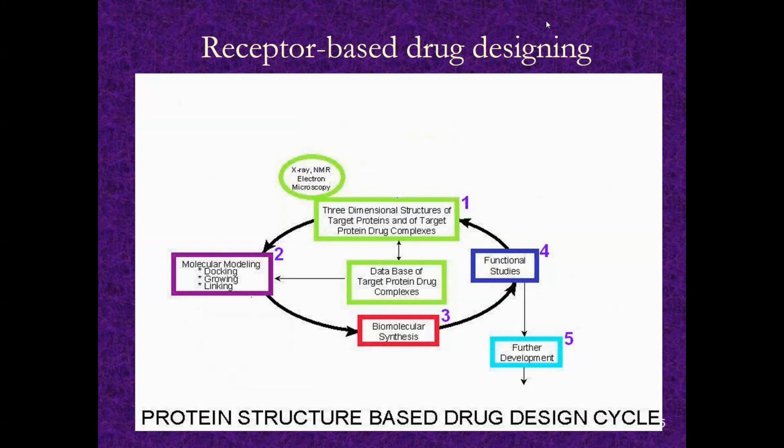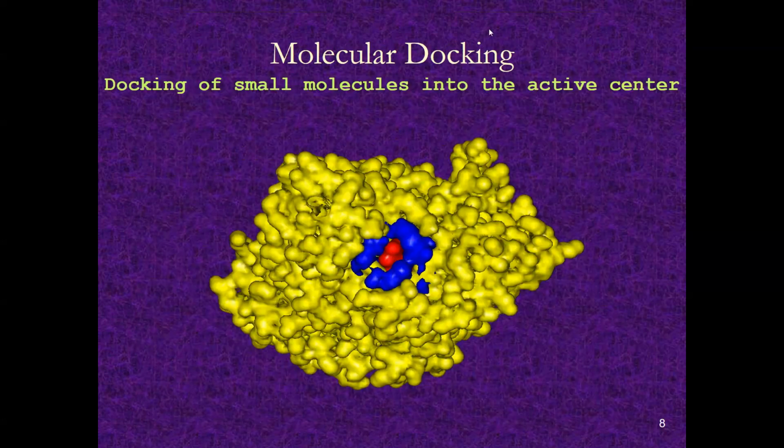So, I want to go over here to discuss molecular docking. What is molecular docking or ligand docking? It is the docking of small molecules into the active center of the protein molecule. Okay. For example, this is a protein molecule, the yellow color protein molecule structure. And this is the active center of this protein molecule.